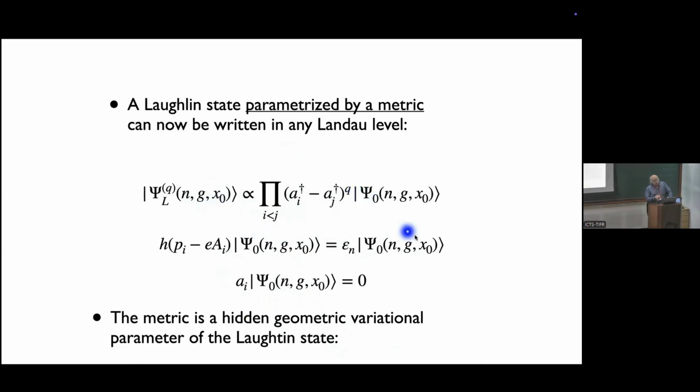Now, if q is equal to 1, it's a filled Landau level. The filled Landau level is a unique state. It doesn't matter what basis I represent it in. So the filled Landau level doesn't depend on this metric choice, except if I keep the number of particles finite, when it will define the shape of a droplet of filled Landau level. But it's fundamental to the fractional cases because it will define the shape of the correlation hole surrounding each electron.